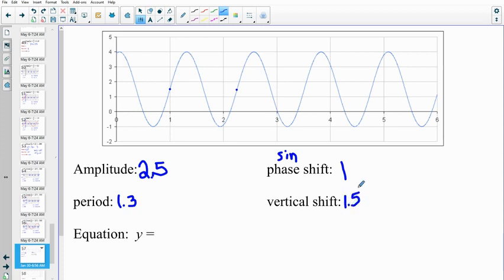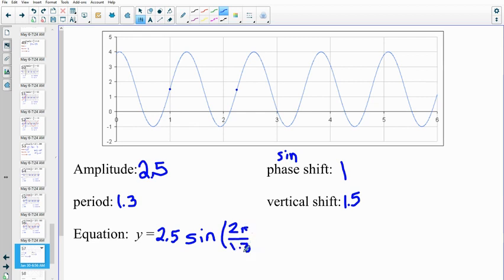And so my equation, given my properties here, is going to be y equals the amplitude, 2.5. I'm treating this as a sine curve. This isn't the only way to do it, but I'm going to treat it as a sine curve. The period is 1.3, which means the k value that's going to go in here is 2 pi divided by 1.3.